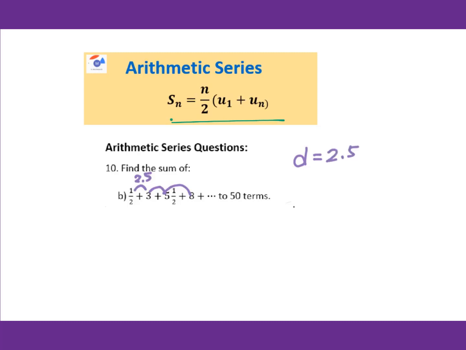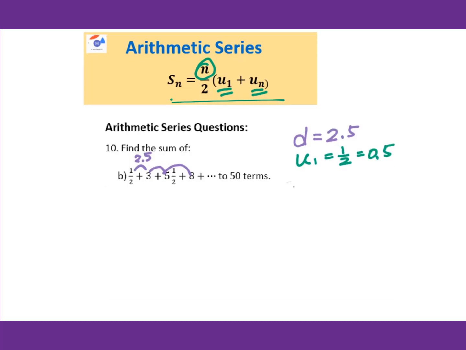According to the arithmetic series formula, we need n, the first term, and also the last term. According to the given information, we know the first term is 1/2, that's 0.5. We also know n equals 50.